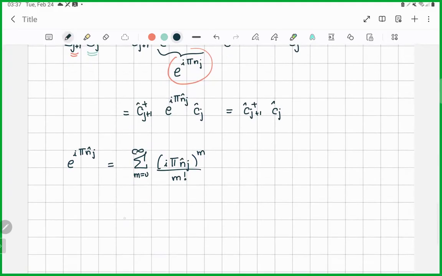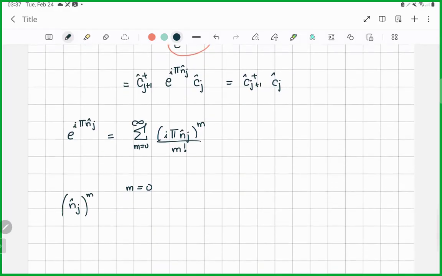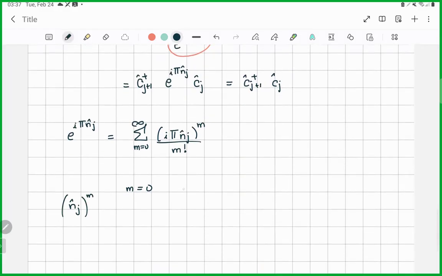So when m is 0, what I'm analyzing is just this. So when m is 0, we get 1. When m is 1, we get just the operator.